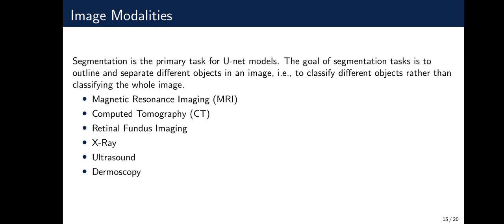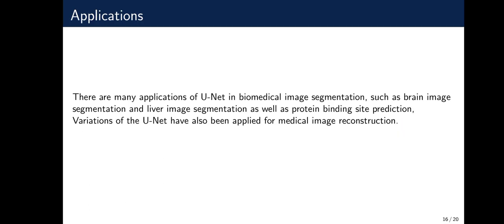We have found extensive use of the U-Net architecture for a wide assortment of medical image analysis. It is mainly used in areas such as magnetic resonance imaging (MRI), computed tomography (CT), retinal fundus imaging, X-ray, ultrasound, and finally dermoscopy.